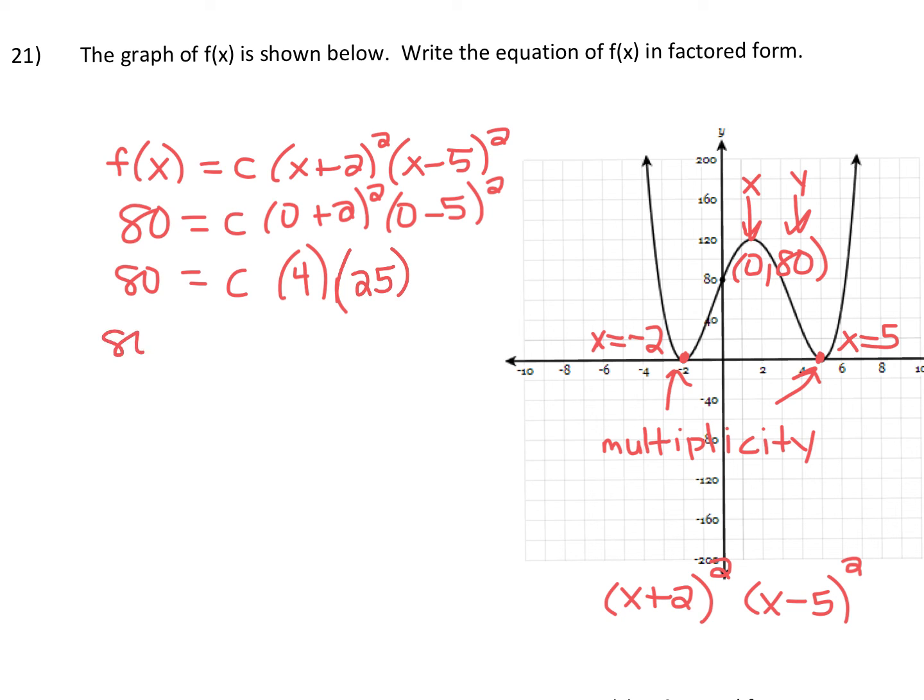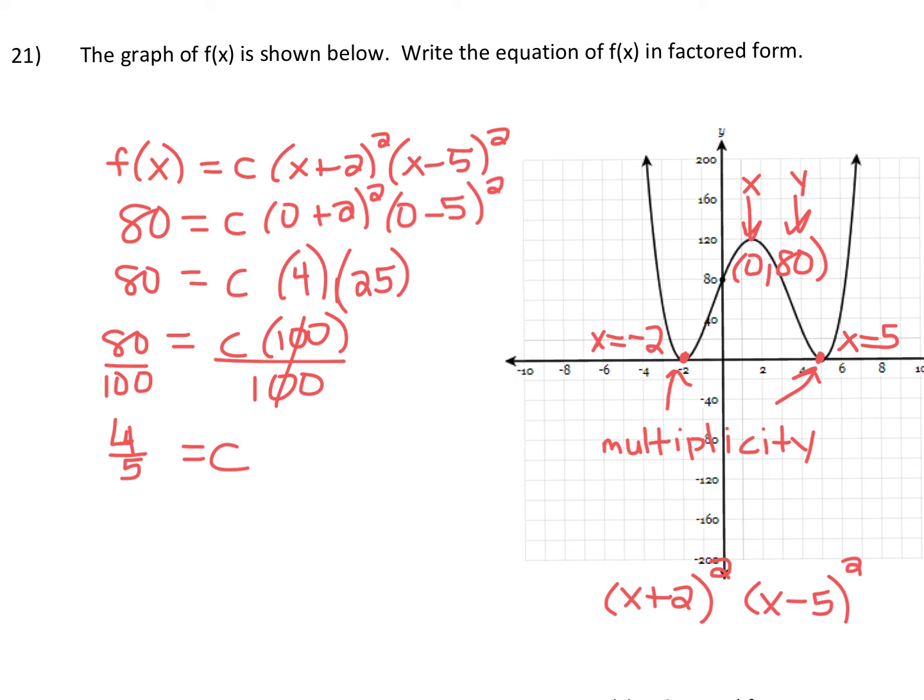Okay, so we have 80 equals c times 4 times 25, which is 100. And then to get the c by itself, we're going to divide both sides by 100. And 80 divided by 100 simplifies to 4 over 5. And that's what c is equal to.